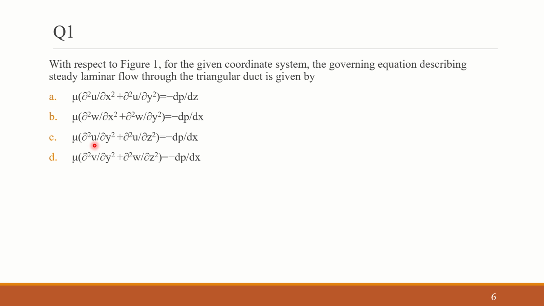So u is actually a function of y and z, and v and w are actually 0. So maybe that component part might have been confusing for everyone, but v and w are components of velocity in the y and z direction. So therefore they are 0 actually. So answer is therefore option C.